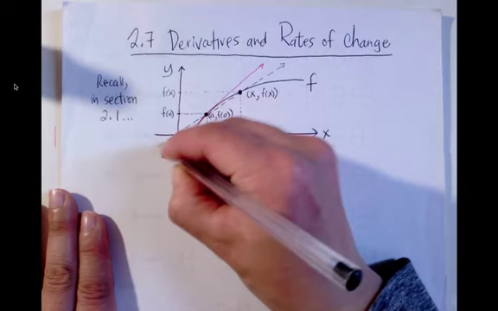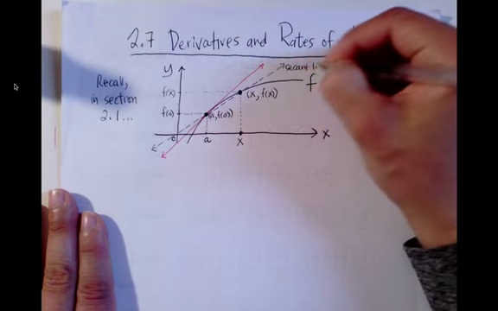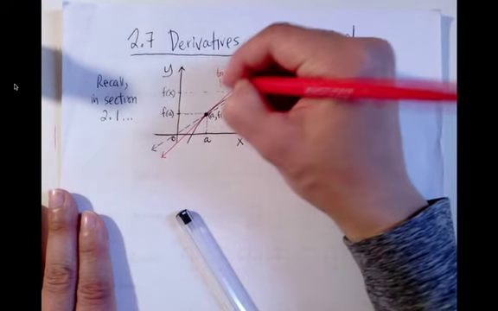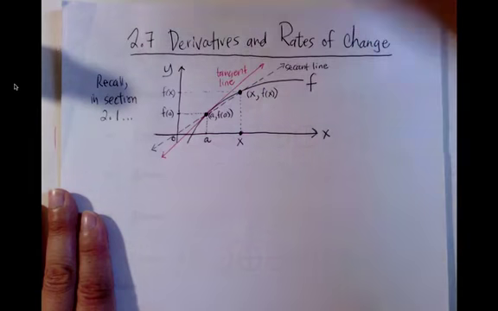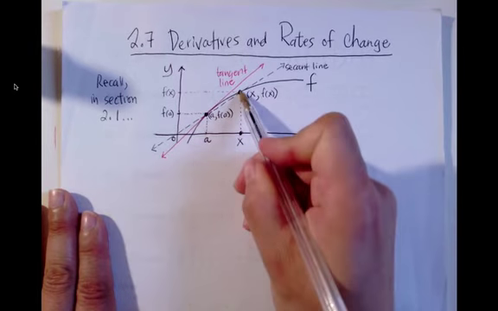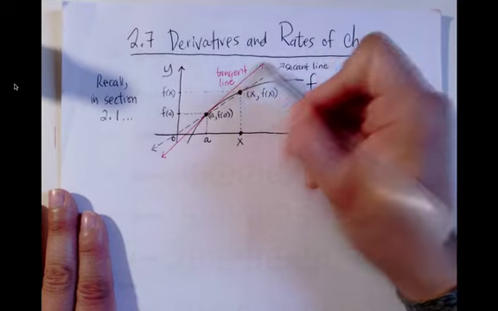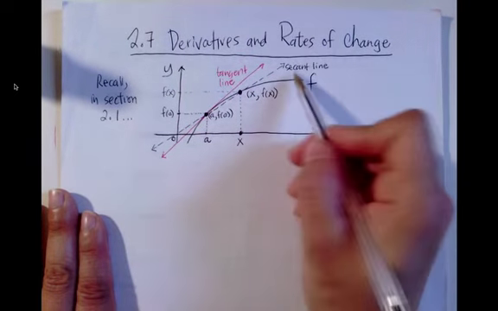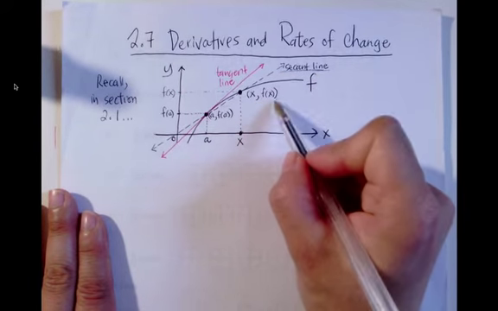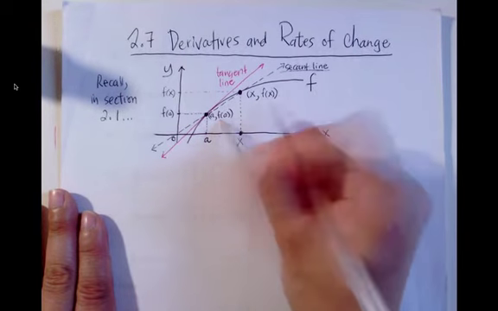This line is what we call the secant line. The idea is that as long as I choose x to be close enough to a, the slope of the secant line, which I can compute, should be close to the tangent line slope. So what is the slope of the secant line here? I'm just going to use the slope formula from algebra. The slope is given by the rise over the run.